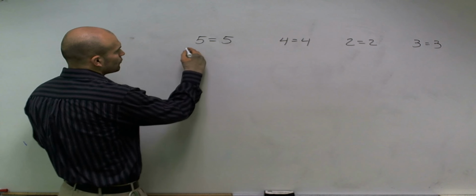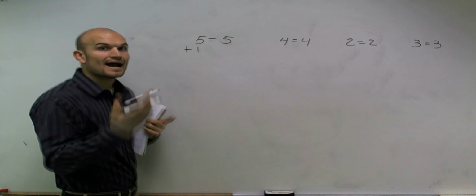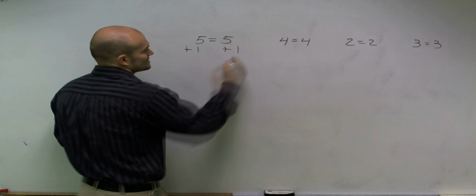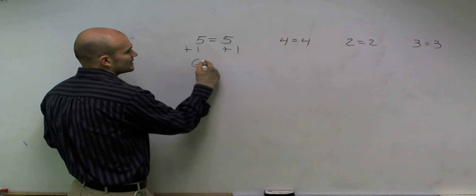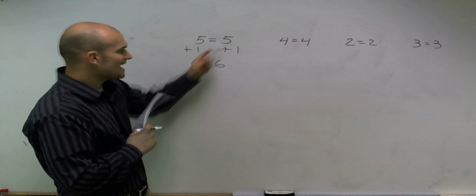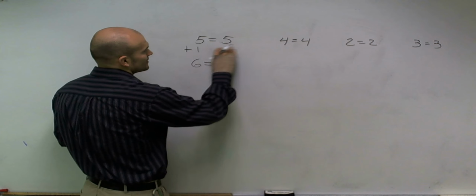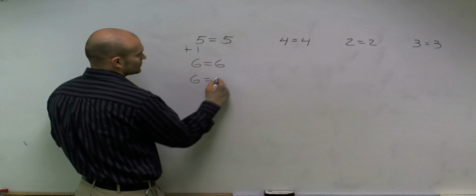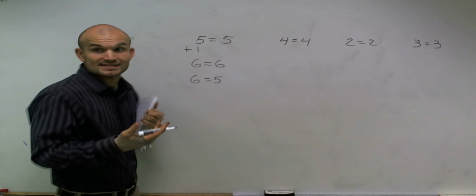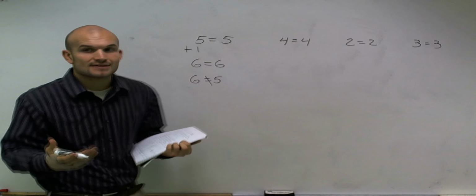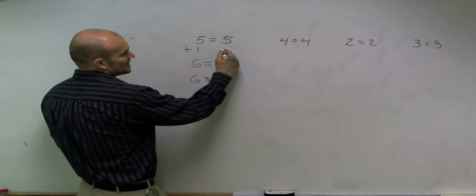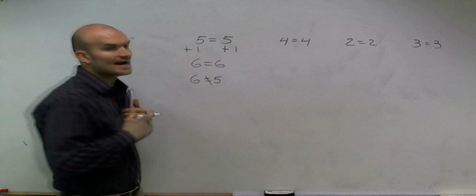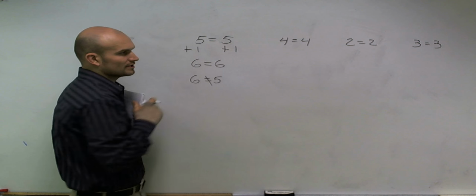If I add a 1 to the left side, I have to add a 1 to the right side, and the reason is that's going to give me an equivalent equation. If I didn't add a 1 to this side, I would have 6 equals 5, which we know is not true. And remember, we want our equations to be true. So if I'm going to add something on the left side, I have to make sure I add it to the right side. Equivalent equations.